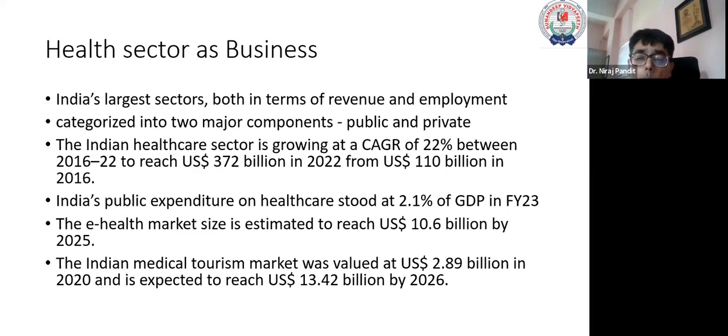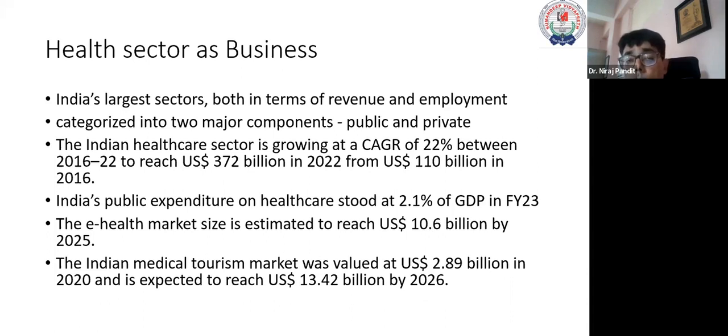You must know that in the health sector, one is government, the second is private. In the hospital industry, the majority of people like to go to private. Almost 70% still today visit private hospitals or private nursing homes to get curative services. But for preventive services, people use the public sector.